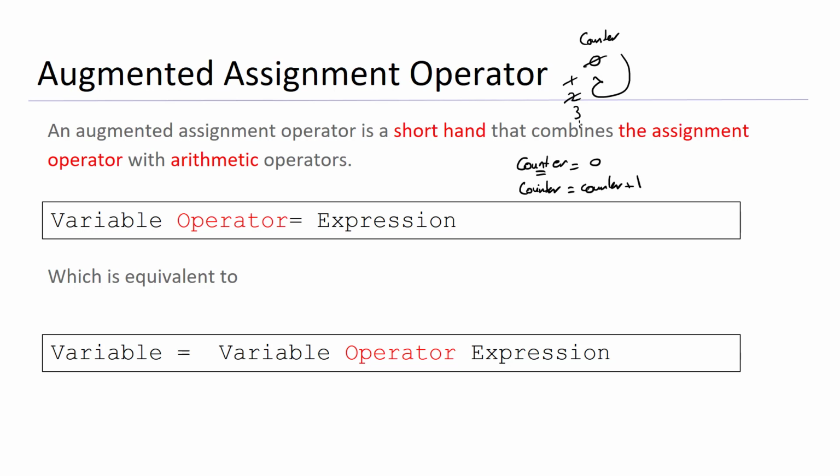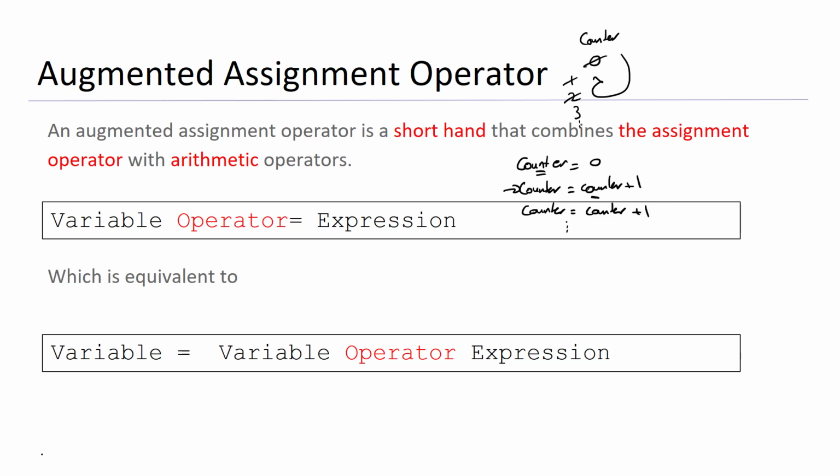If you want to increase it again, you take counter, whose value is now 2, and add 1 to it, and it becomes 3, and so on. So there are many times when you update the value of a variable, for example counter, based on the value of the variable itself, or based on a previous value of the variable.